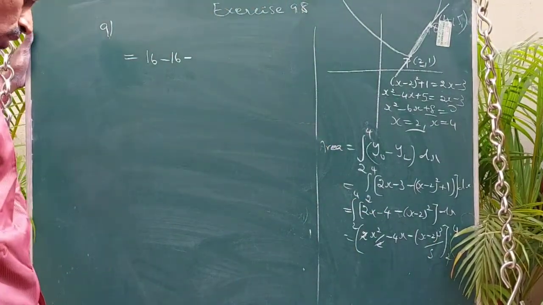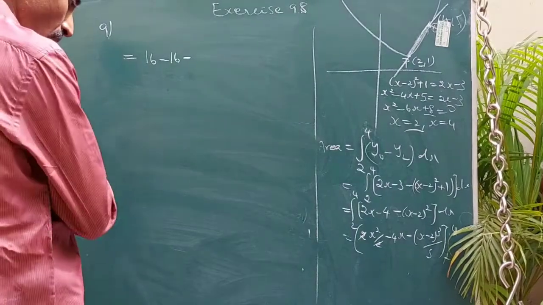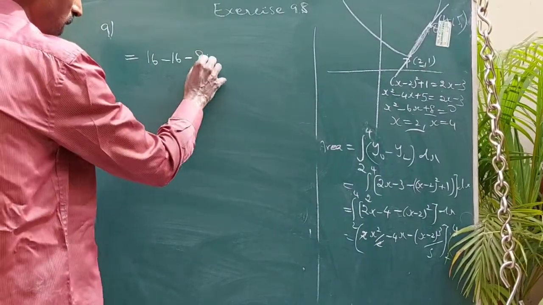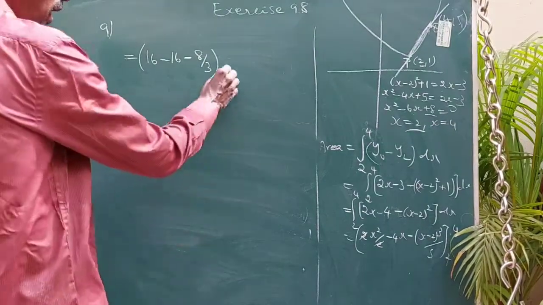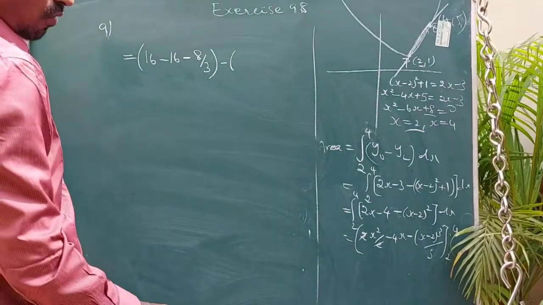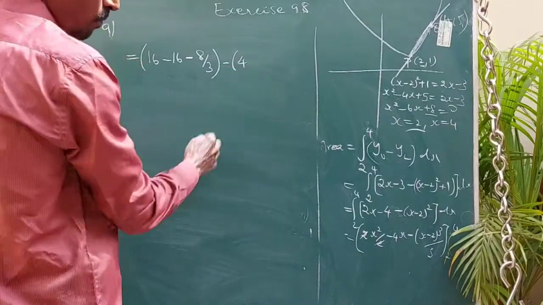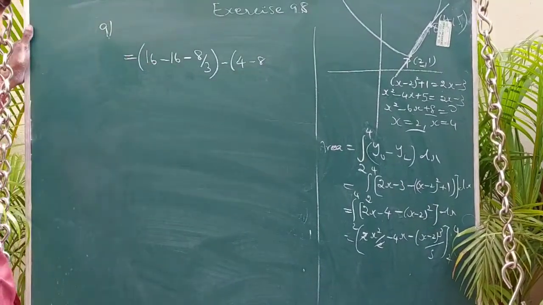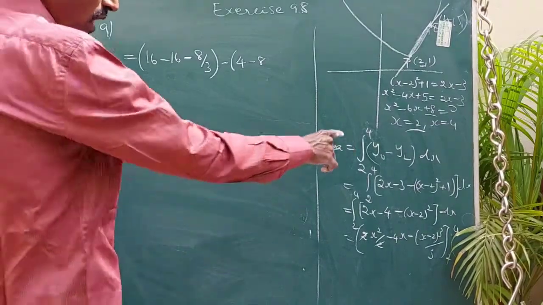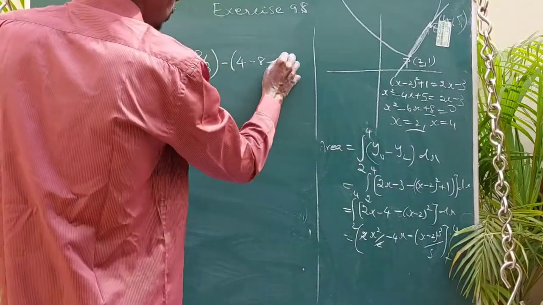Okay, 2 cube. So 2 cube we are getting 8 by 3. So 8 by 3, upper limit over. Now the lower limit: 2 square is 4, minus 4 into 2 minus 8. Okay. Then what are we getting? 2 minus 2 becomes 0.